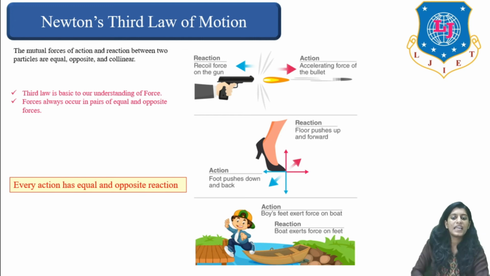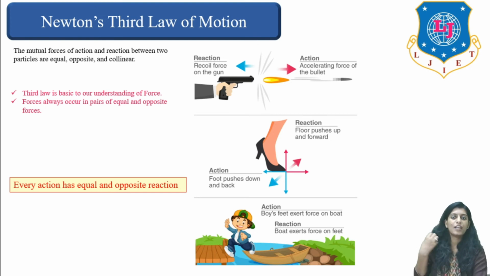The same amount of jerk will be experienced by the gun in the backward direction. So this action is the accelerating force of the bullet, and the reaction of it will be the recoil force on the gun.